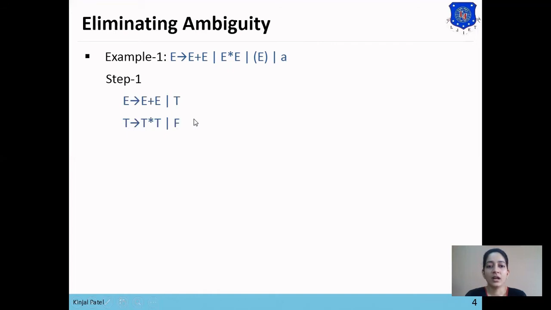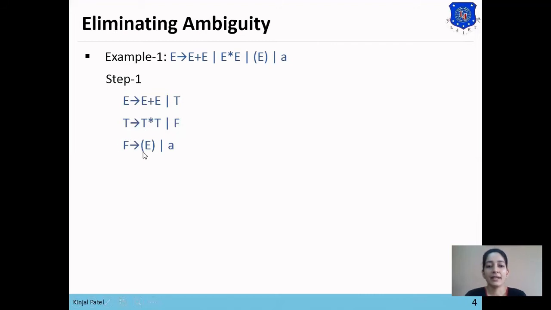Now in the third level we'll set brackets, as brackets have the highest priority, so they are at the lowest level in the grammar. Now you can see that we haven't changed the symbol inside the brackets, like we haven't replaced E with F, as it is the production of F. Why?